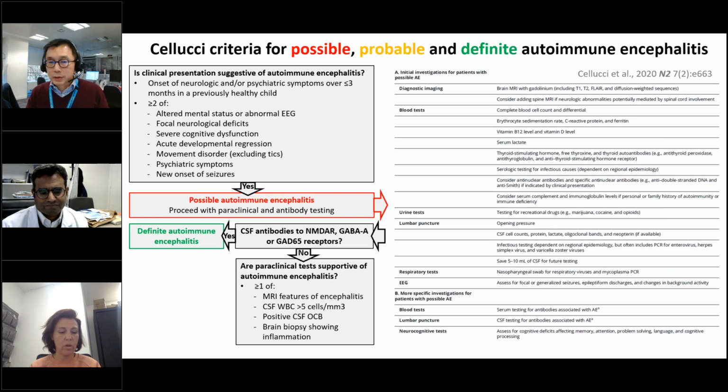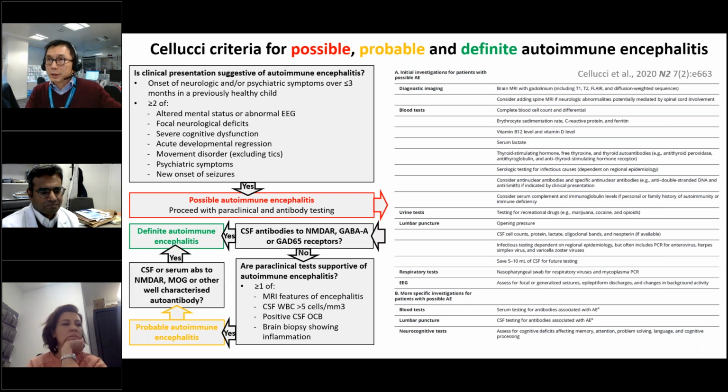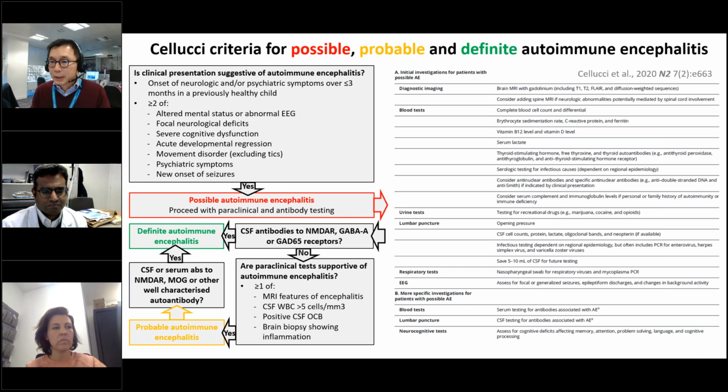And in the absence of antibodies, you do need some evidence of inflammation, either clinically or investigatively, and that's just why we focus on these investigations here, and if they were present, then you have a probable diagnosis. And then obviously as Kevin mentioned, he published his first cohort of MOG many years after the patient presented, because you have a repository of samples, and then you can go back and look at it, and then you would reinvent the wheel and re-evaluate again.